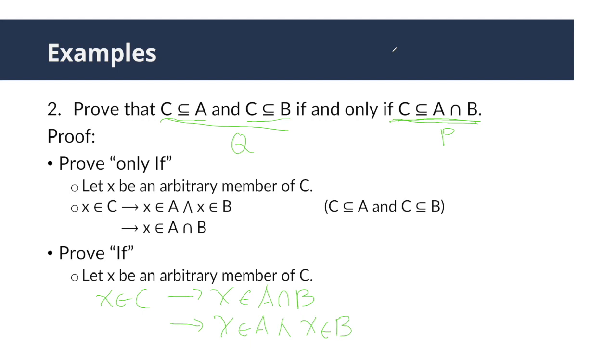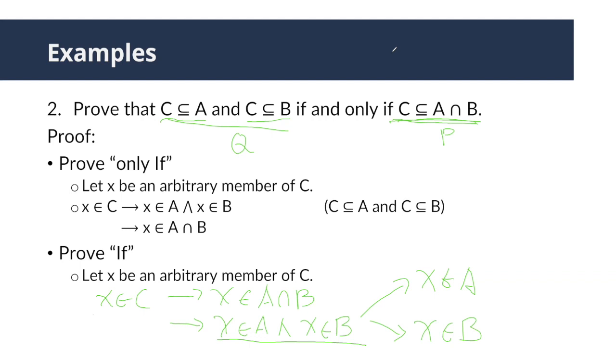By one of the inference rules, if you know X in A and X in B, we can imply X is in A and X is in B.